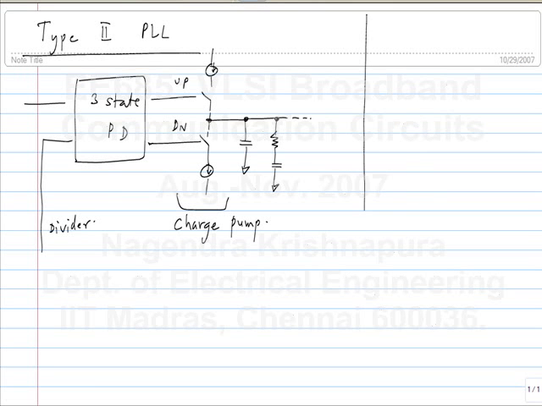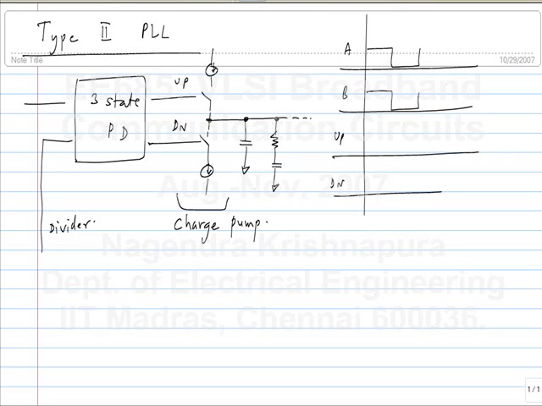So, firstly, ideally, if A and B are coincident, then up and down will both be an infinitesimally small blip. Okay.